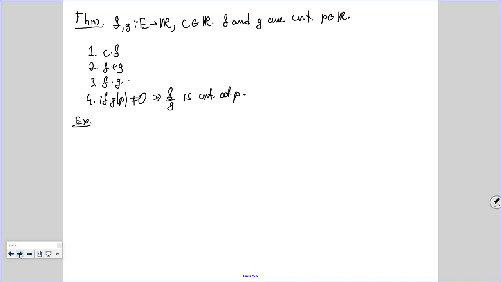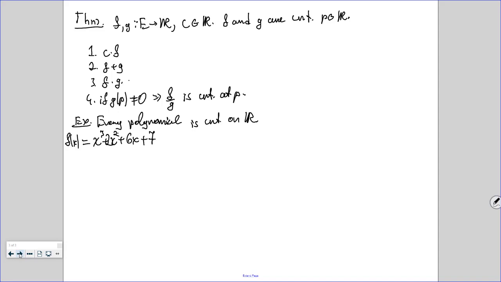Instead, we will do an example, which says that every polynomial is continuous on R. To see the intuition, consider a polynomial of degree 3, which we can represent as x cubed plus 2x squared plus 6x plus some constant. Suppose this is our function.